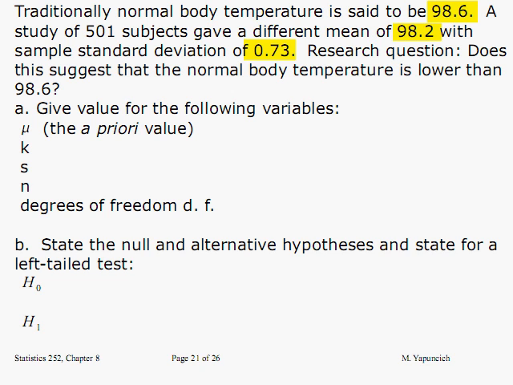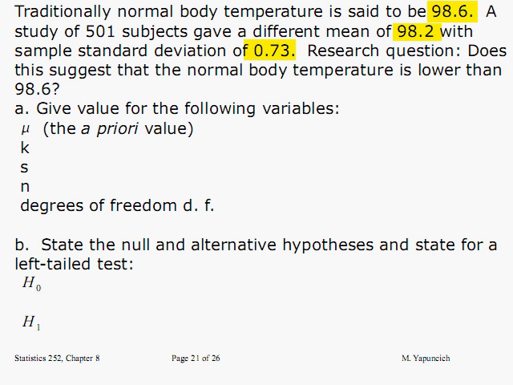Now the research question is, or well, it should have been before you even did the research, is the normal body temperature lower than 98.6? So this is going to be a one-tailed test, even though it's t. The t-values can have the same, two-tailed, left tail, or right tail test.